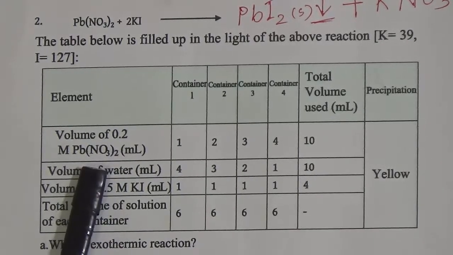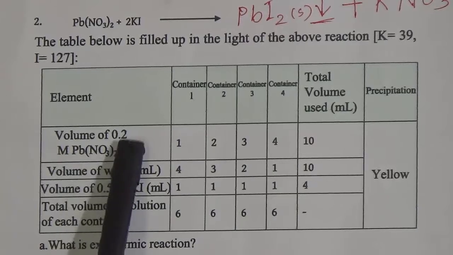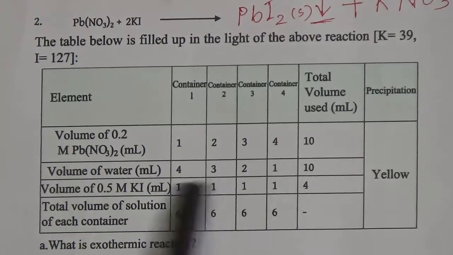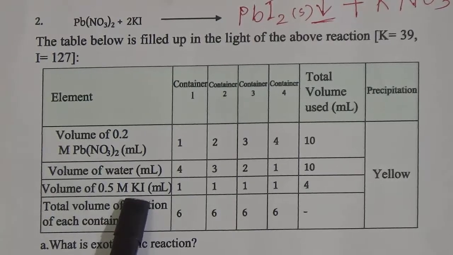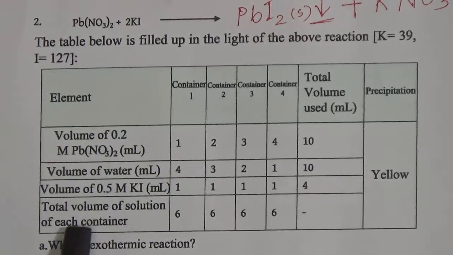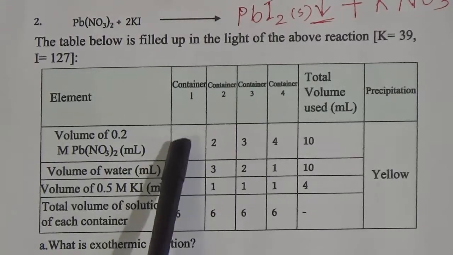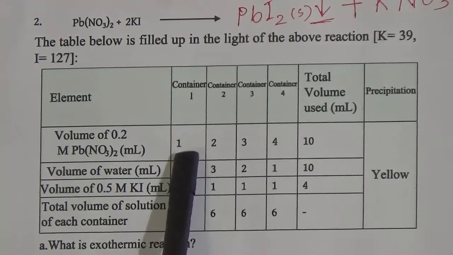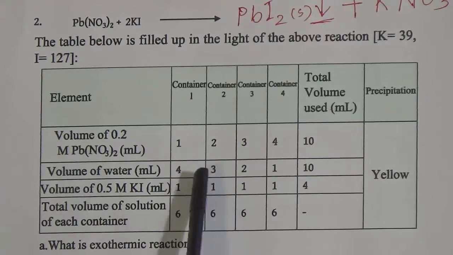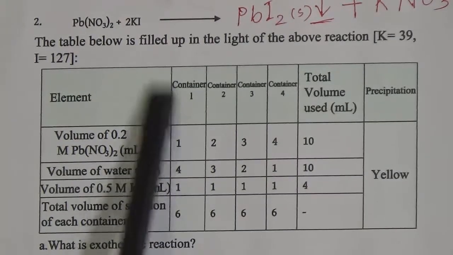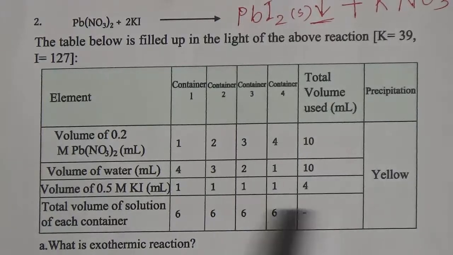In the first container the amount of 0.2 molar lead nitrate is 1 milliliter, water is 4 milliliters, and 0.5 molar potassium iodide is 1 milliliter. The total amount in every container is 6.